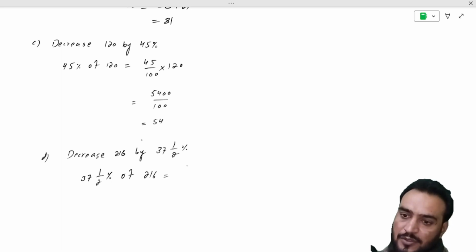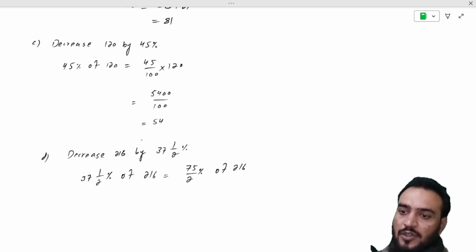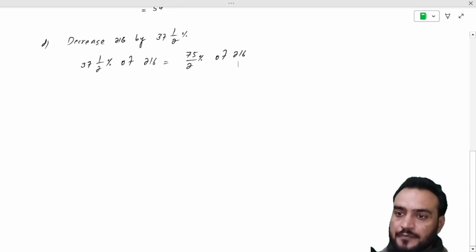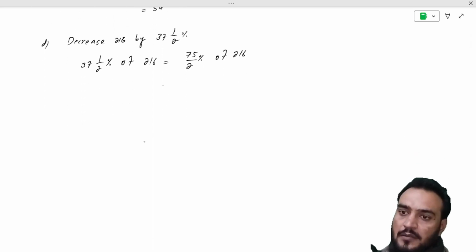So this is equal to 75 over 2% of 216. 75 over 2% means 75 over 2 divided by 100 times 216. So we simplify it as 75 over 2 times 1 over 100 times 216.